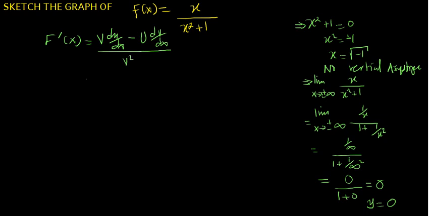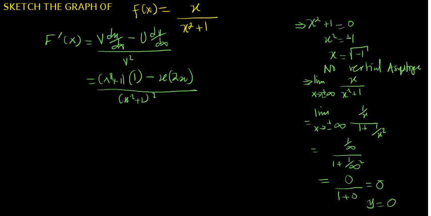So v, what is down, is x squared plus 1. We differentiate what is on top, du over dx; if we differentiate x, we get a 1. Then minus what is on top, that is x, times the derivative of what is down, which is 2x. Then divide by the same thing which is down, squared, that is x squared plus 1 squared.